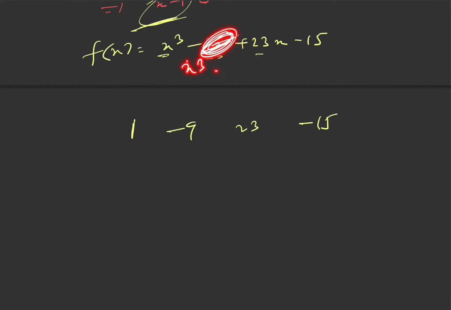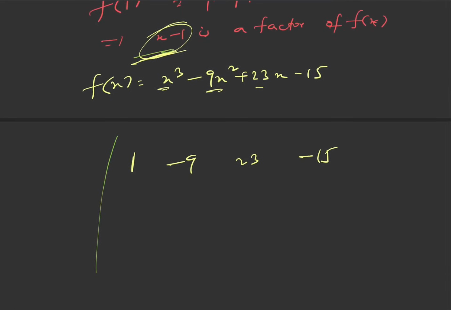Let us say if you don't have x square coefficient, let us say if I give you x cube plus 23x minus 15, then you write 1, 0 and like that, right? So if any of the power of x is missing, then you include that coefficient as 0 in between. Fine. And now you need to divide with x minus 1.